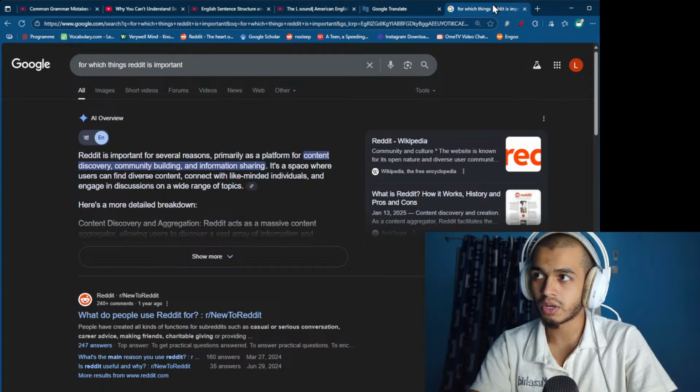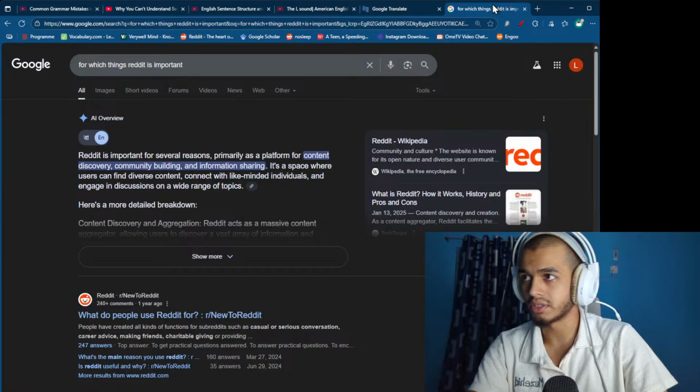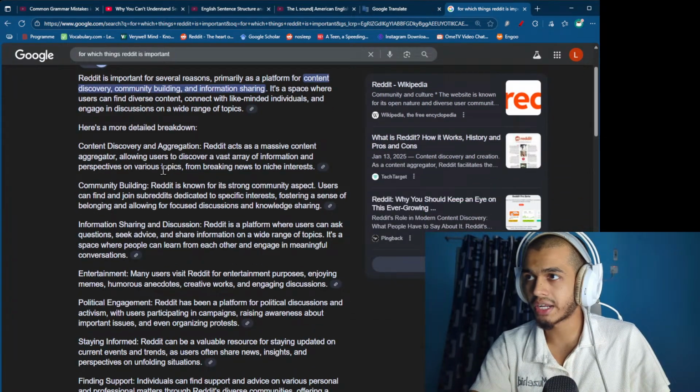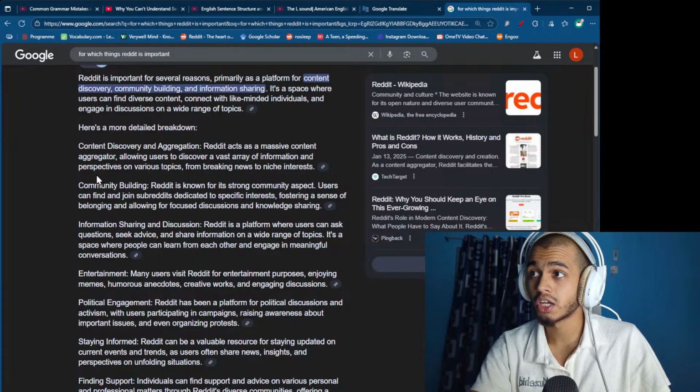It's a space where users can find diverse content, connect with like-minded individuals, and engage in discussions on a wide range of topics. Content discovery and aggregation: Reddit acts as a content aggregator, allowing users to discover a vast array of information and perspectives, from breaking news to niche interests.